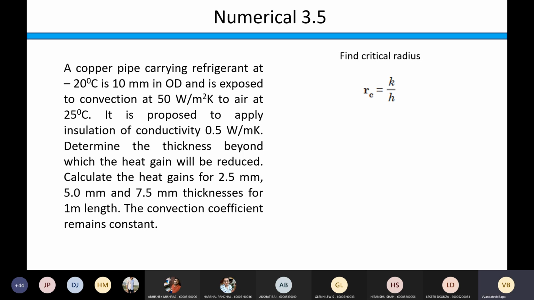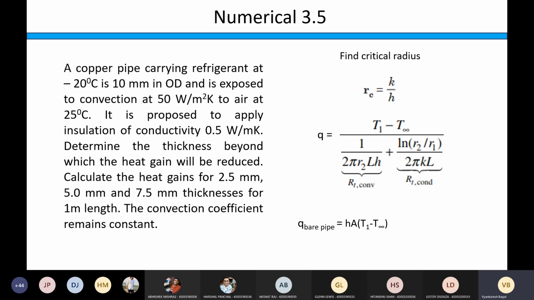So how to solve this? First of all, you will find the critical radius RC, which is K by H. Then you will use the expression Q equal to delta T by R total, the same expression. So you will find out Q, the overall temperature difference, T1 minus T infinity, divided by the sum of two resistances, conduction resistance plus convection resistance, right? Then you will find out Q of the bare pipe, meaning you need not consider the insulation.